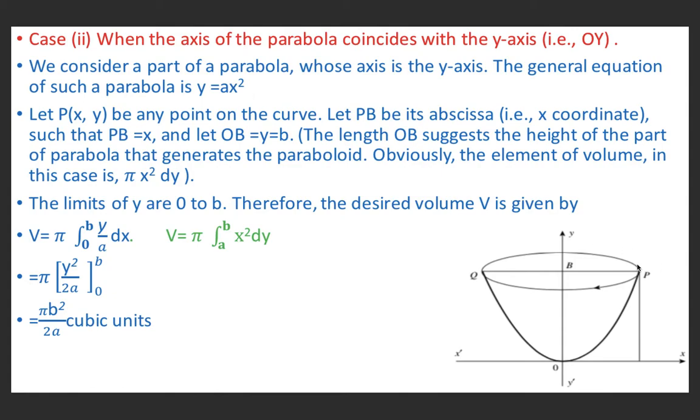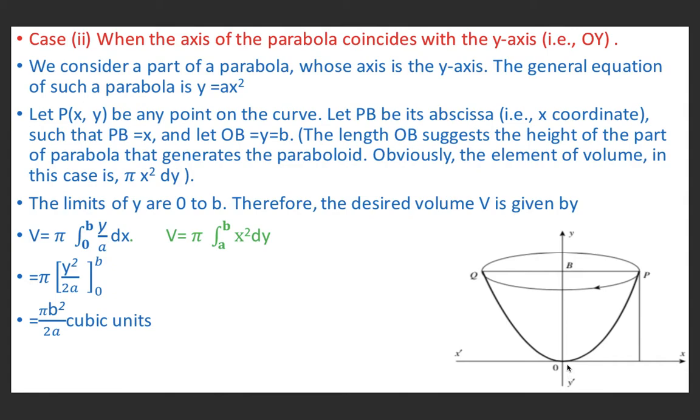Let P(x, y) be any point on the curve. Therefore, PB is equal to x and OB is equal to y, which I have taken to be B. The length OB means the height of the part of the parabola that generates the paraboloid. I have considered only part of the parabola of finite height.